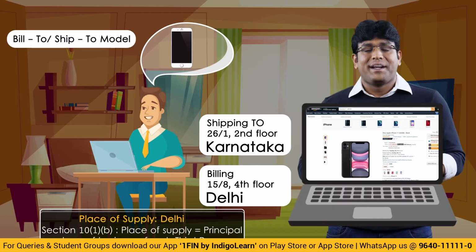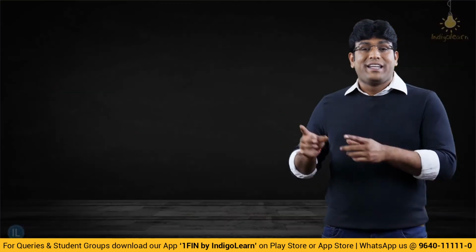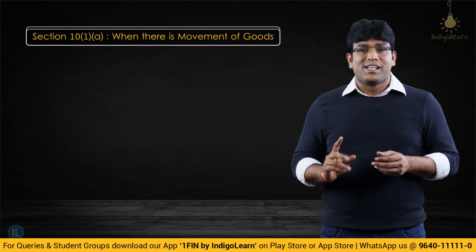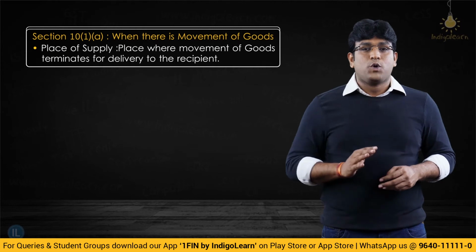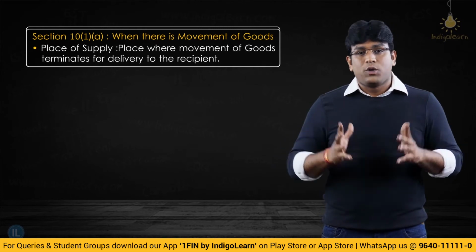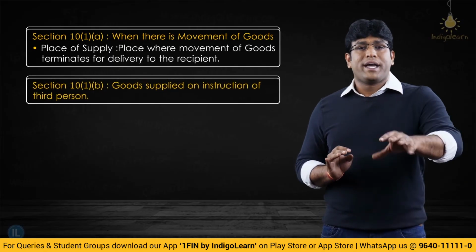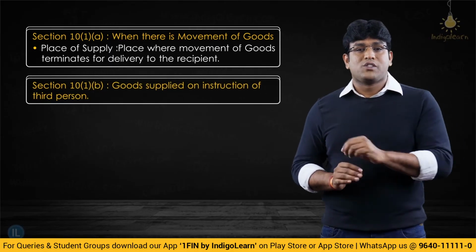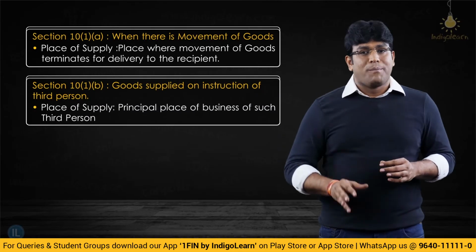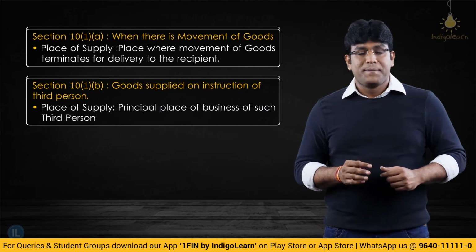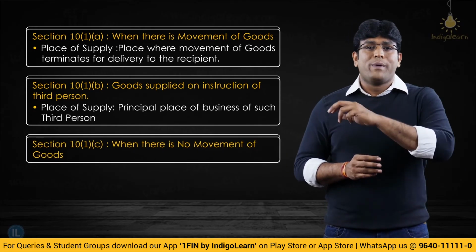You need to understand that 10(1)(a) is different, 10(1)(b) is different, 10(1)(c) is different. 10(1)(a) will apply in case where there is movement of goods. Place of supply will be the place where movement of goods terminates for delivery to the recipient. 10(1)(b) talks about goods supplied by the supplier to the recipient on the instructions of a third person, wherein place of supply will be the principal place of business of such third person. 10(1)(c) talks about place of supply in case where there is no movement of goods.